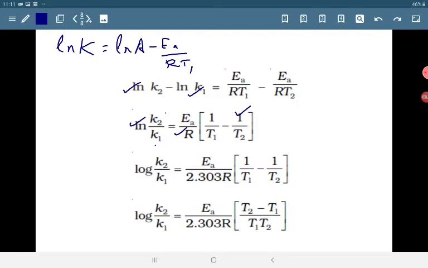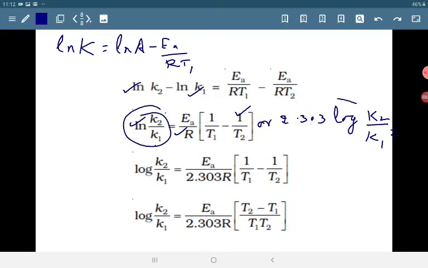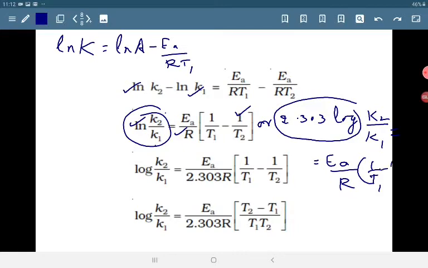Now we have to convert this log to the base e into log to the base 10, or we can write down 2.303 log of k2 by k1 is equal to this one, Ea by R times 1 by T1 minus 1 upon T2.